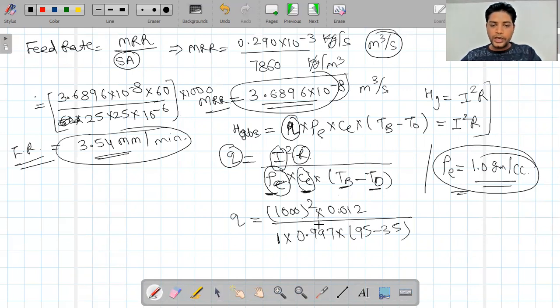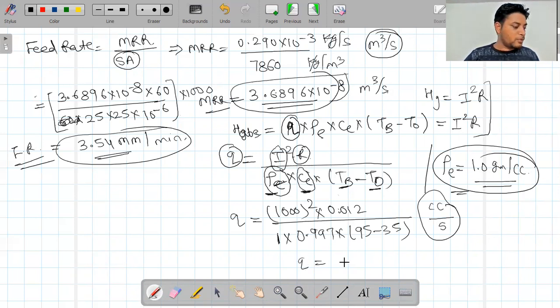So whatever the value that you are getting, this is gram per cc, so cc will be going there, and the value that you get is in cc per second. When you calculate this value, I've already calculated, what I'm getting is 47.922 cc per second.